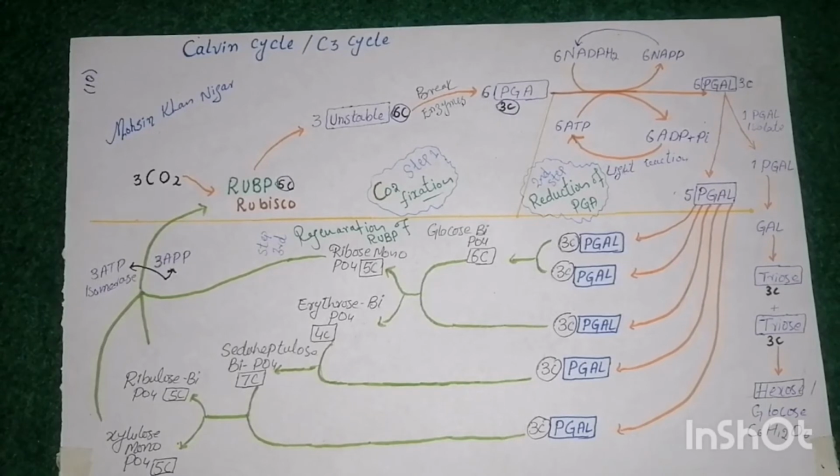Out of these 6 PGAL, only one molecule is isolated and converted into triose.